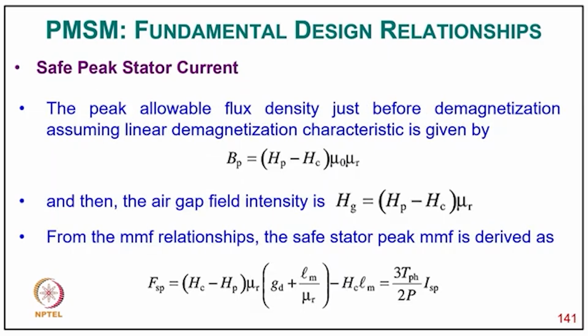So the peak allowable flux density just before demagnetizing, assuming the linear magnetization, is given as Bp equal to (Hp minus Hc) into μ0 μR, and then the air gap field intensity is Hg equal to (Hp minus Hc) into μR, and from the MMF relationship the safe stator peak MMF is defined as FSP equal to (Hc minus Hp) into μR, GD multiplied by (GD plus Lm upon μR) minus Hc into Lm, equal to 3 TPH upon 2P into ISP.